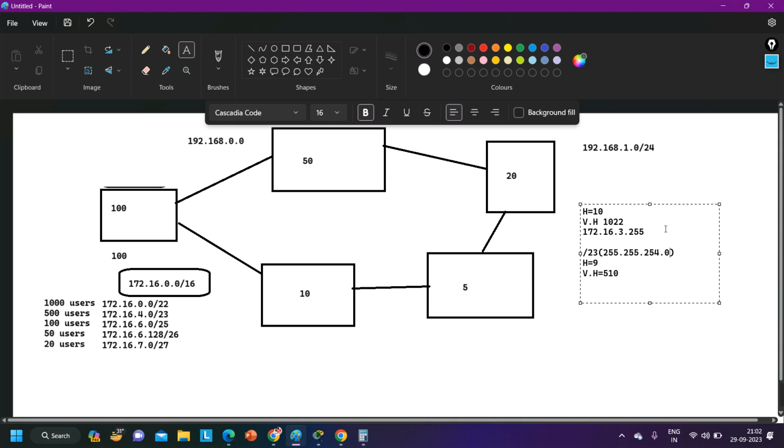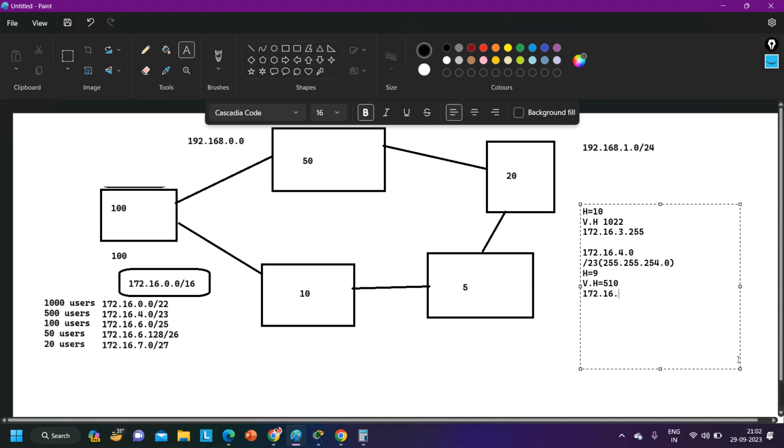That means block size is 2, so the next network is 172.16.6.0, because here the network is 172.16.4.0.